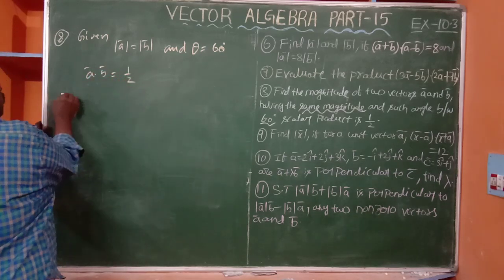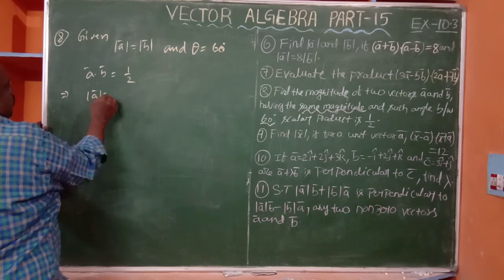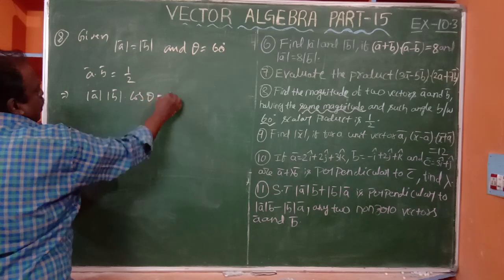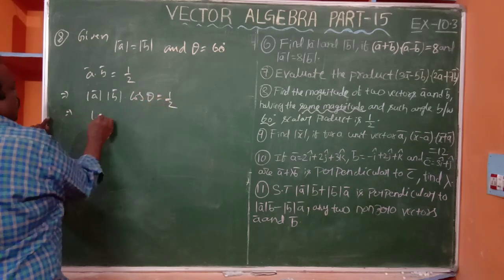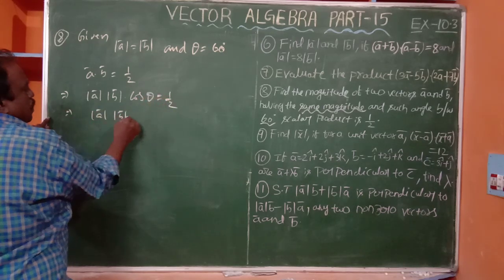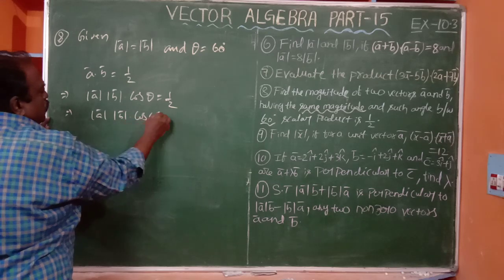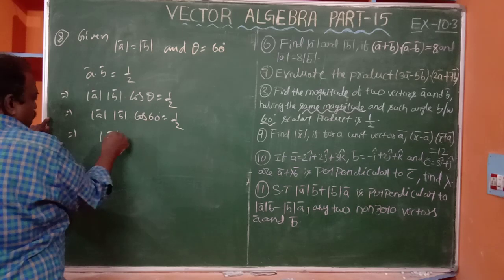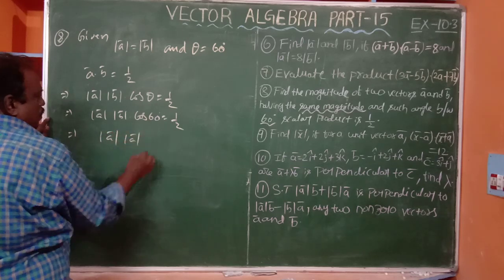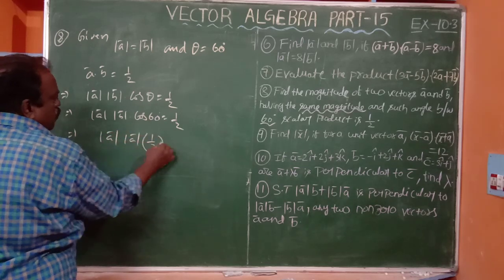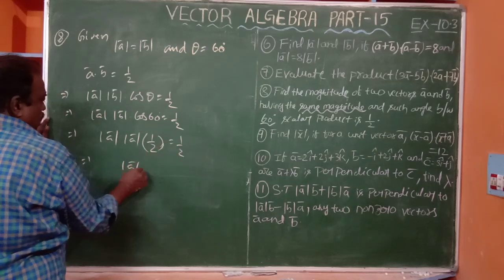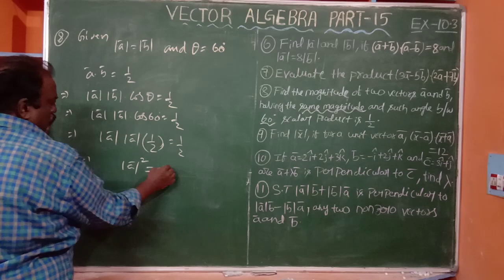This is given. That implies modulus of A bar, modulus of B bar, cos theta is equal to 1 by 2. Modulus of A bar, modulus of B bar, cos 60 degrees is equal to 1 by 2. Modulus of A bar, again modulus of A bar, and 1 by 2 is equal to 1 by 2. This is modulus of A bar square is equal to 1.